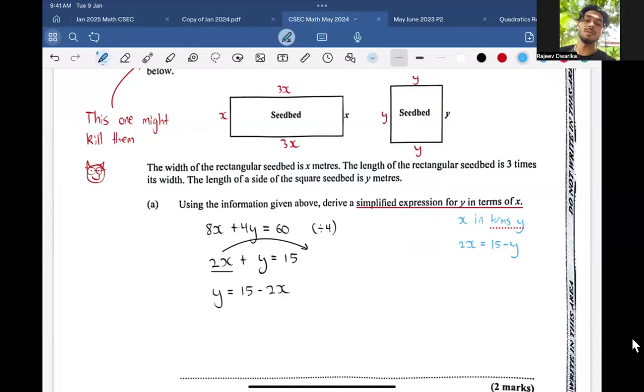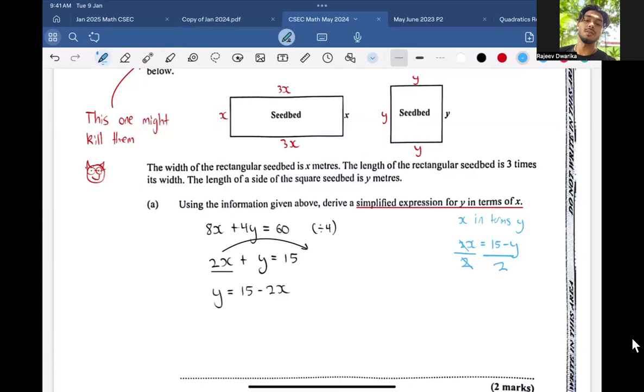What do you mean by carry across the 2? It'll be 15 minus y over 2, because on the left side you're multiplying 2 by x to give you 2x. Good job, Aliyah.